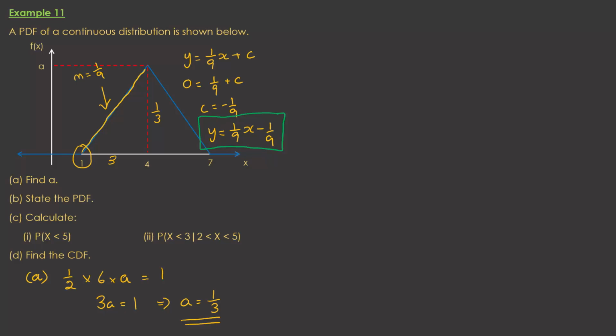We now need to look at the other section. Well, this is 3 across as well, but of course the gradient is negative there. So we can say that that one is y equals negative 1/9 x plus a constant.